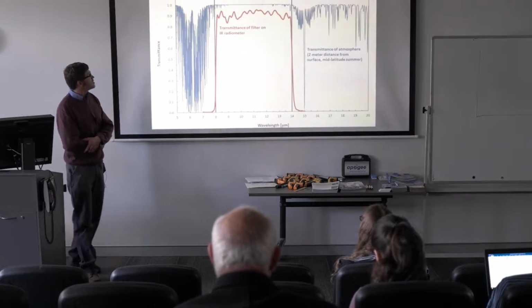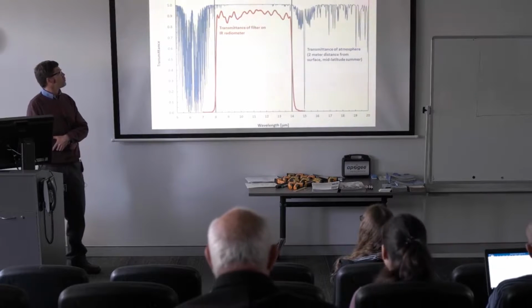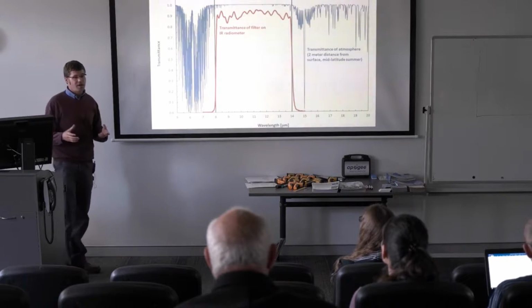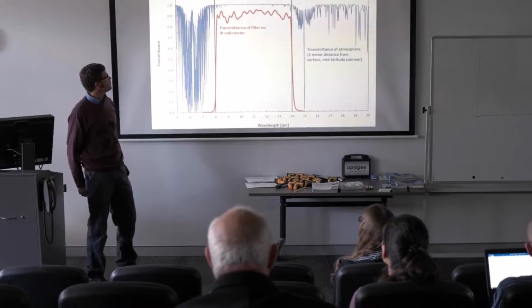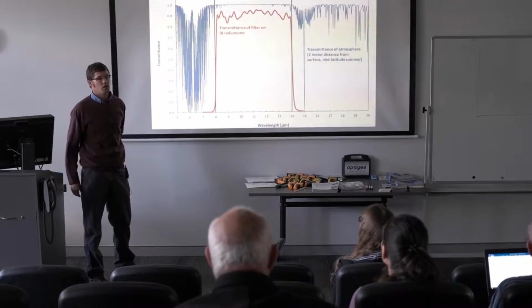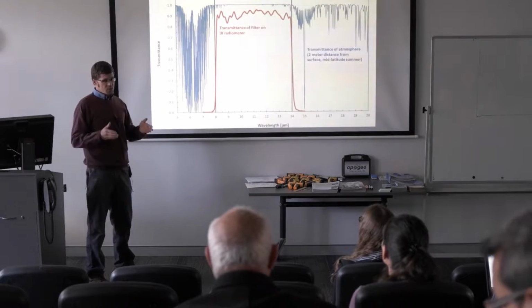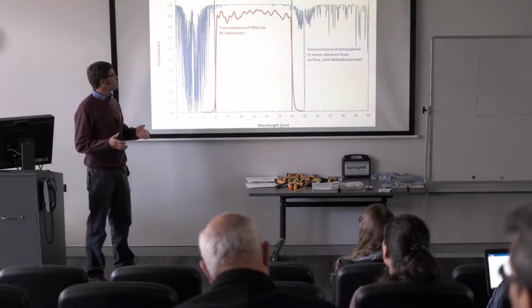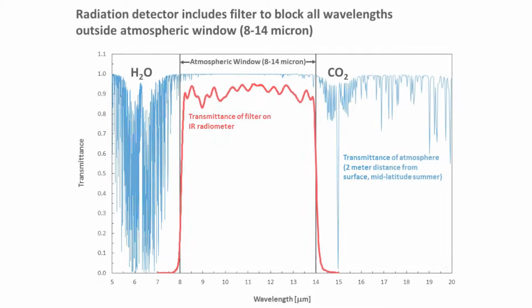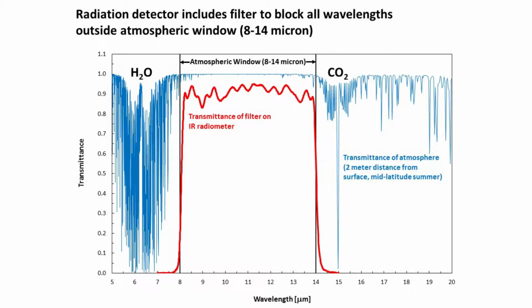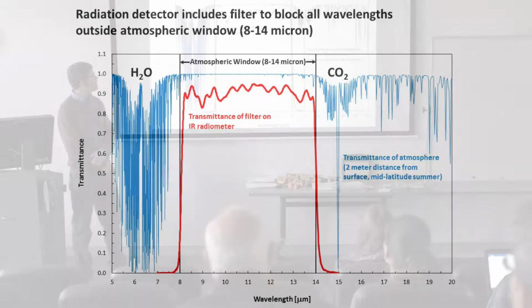And so a radiation detector should include a filter that blocks all of the long wave radiation that's outside of what we call the atmospheric window. The atmospheric window is the wavelengths between 8 and 14 micron, and I have a graph here that shows wavelength on the x-axis from 5 to 20 micron, and then transmittance of the atmosphere on the y-axis.